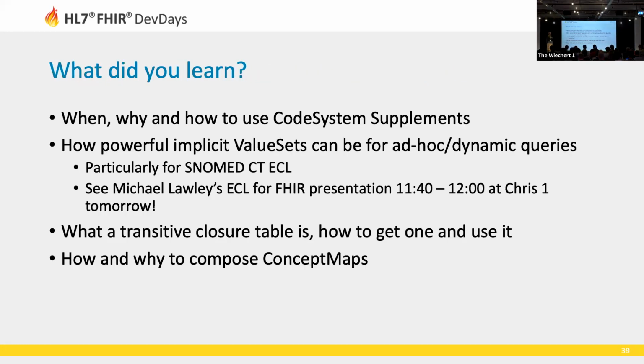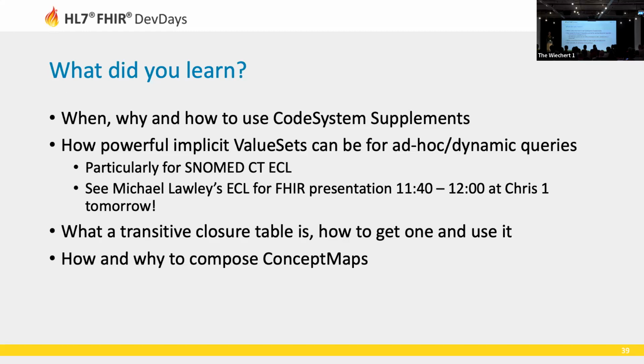So I think we've used quite a bit of time. So to go through, just to cover off what I talked about, we looked at CodeSystem Supplements and what they are, what they're for, how they work, how you use them.